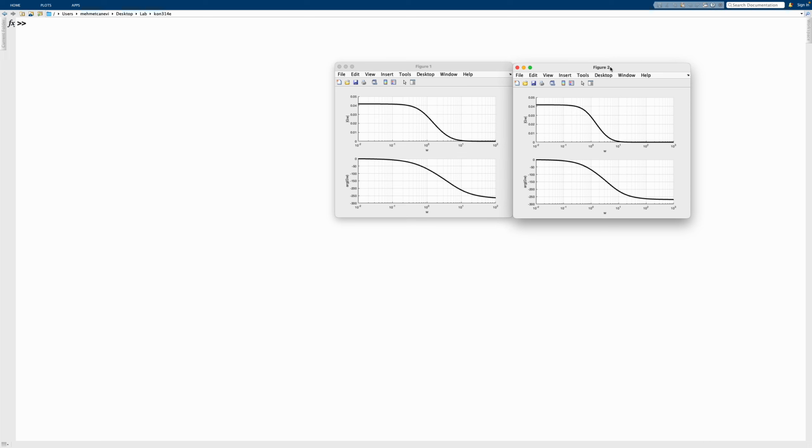Now let's put them side by side. You can see maybe the frequency changes a little bit. It's 10 to the power 3 that we could fix basically, but you can see it is the same. The scaling is a little bit, is it off? No, it's actually almost the same, but the only difference is that we stop at 10 to the power of 2, whereas the bode command generated up to 10 to the power of 3.